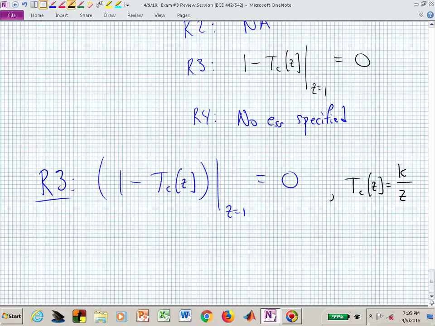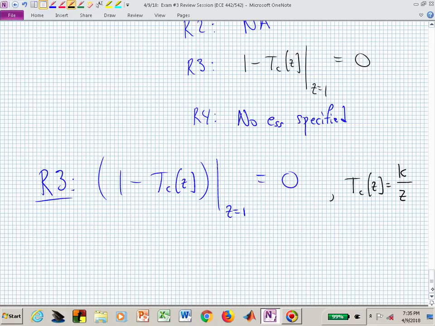If it doesn't, then we have to make t sub c of z a little bit more complicated, giving us more unknown variables so that it gives us more parameters to play with. We would have to enhance t sub c of z, but in enhancing it, we would always need to make sure that the denominator degree is one more than the numerator degree.